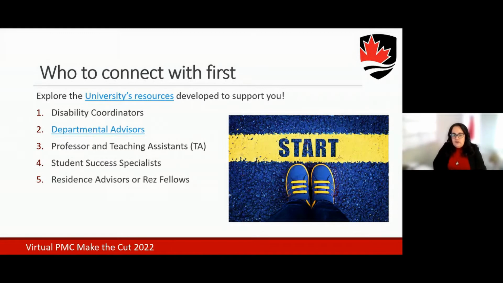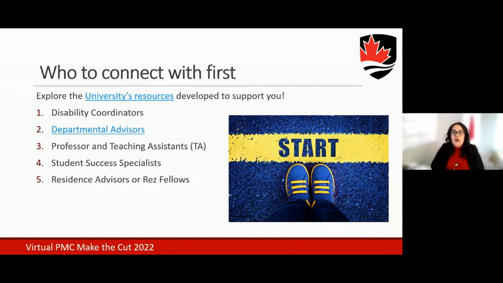So Sonia already talked about how important it is to connect with the Disabilities Office, or Accessibility Office, as some post-secondaries refer to it. So again, when in doubt, connect with your coordinator or your counselor, and we will direct you to the right places. There's also people called departmental advisors.